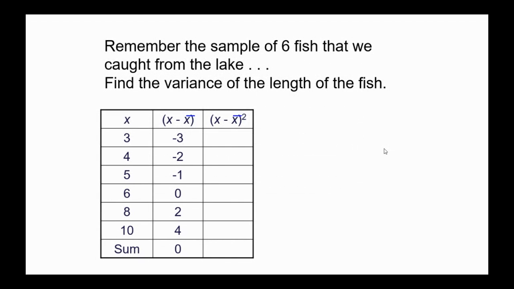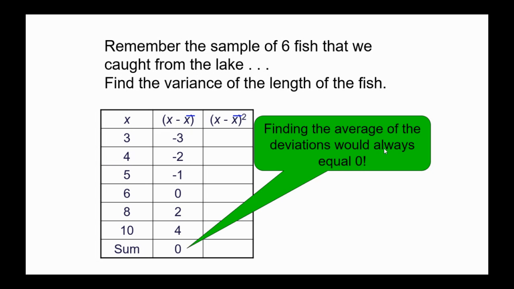Okay, so let's go back and think back to our fish example. We calculated the deviations here. That's what we did in that first example. I want y'all to go through and square these right quick. Let's just do it together because it's just squaring integers. So what's negative 3 squared? 9.